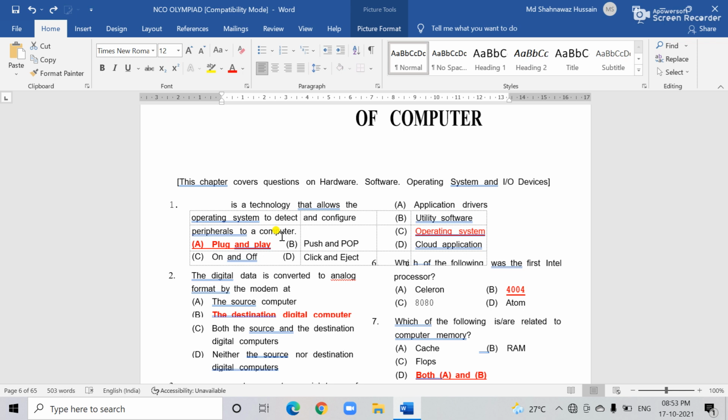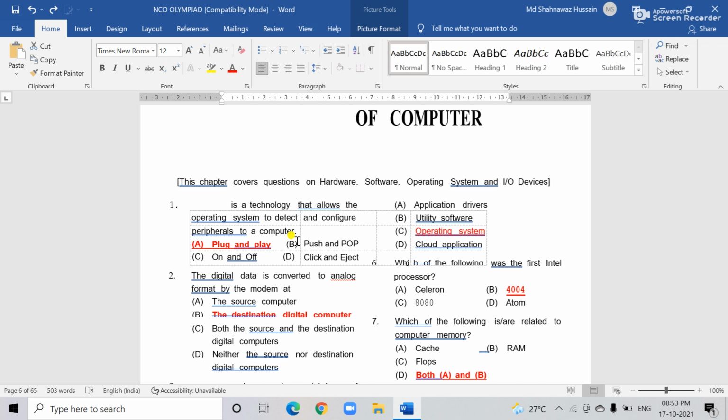You can use any operating system like Windows 10, Windows XP, or Linux. Peripheral device means external devices you connect, like a printer or scanner. These are called peripheral devices of a computer.